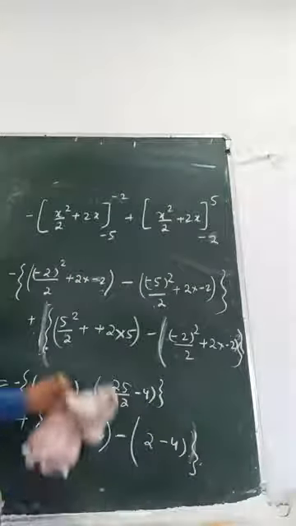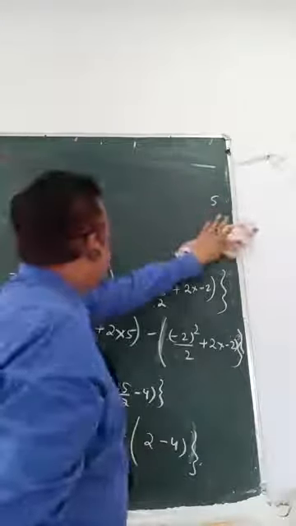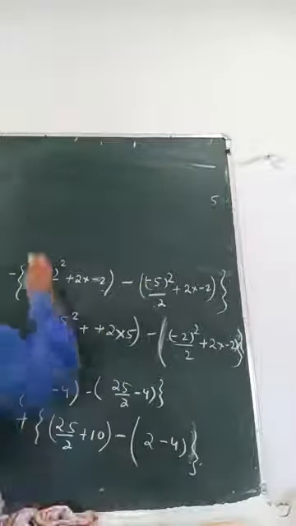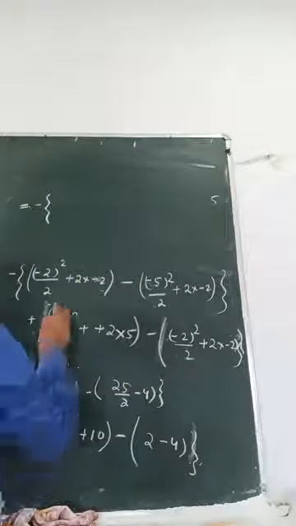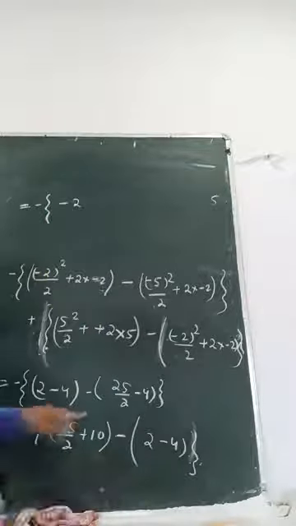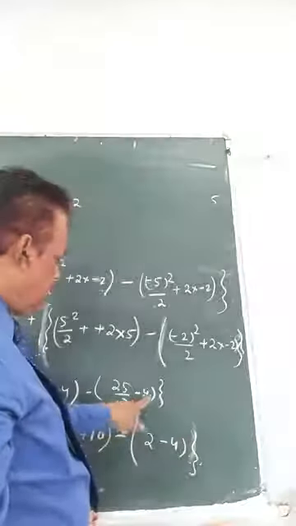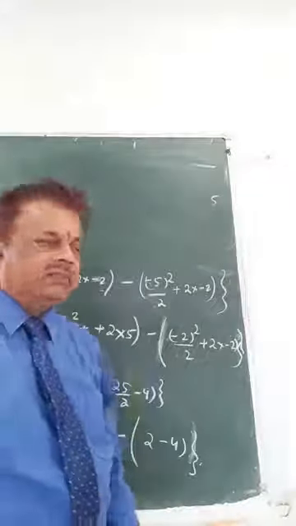Okay, now simplify. This is minus 2. Okay, look at here, 4 2 is 8, 25 minus 8 is 17.